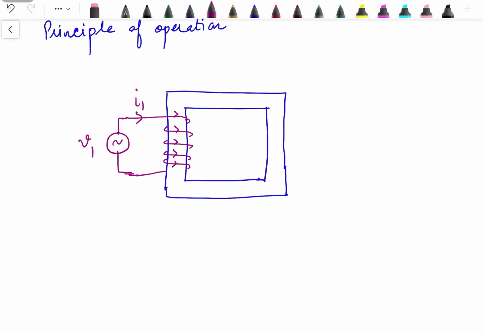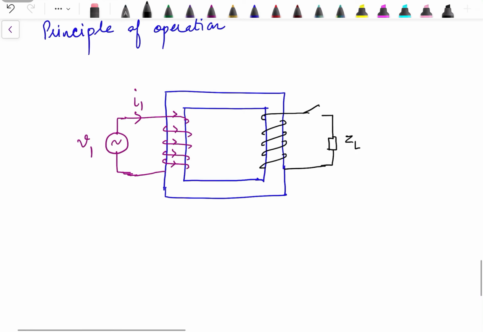The secondary winding, which is on the other side, is like this. So we can have load ZL over here. When the switch is closed, current will flow, otherwise it will not flow.